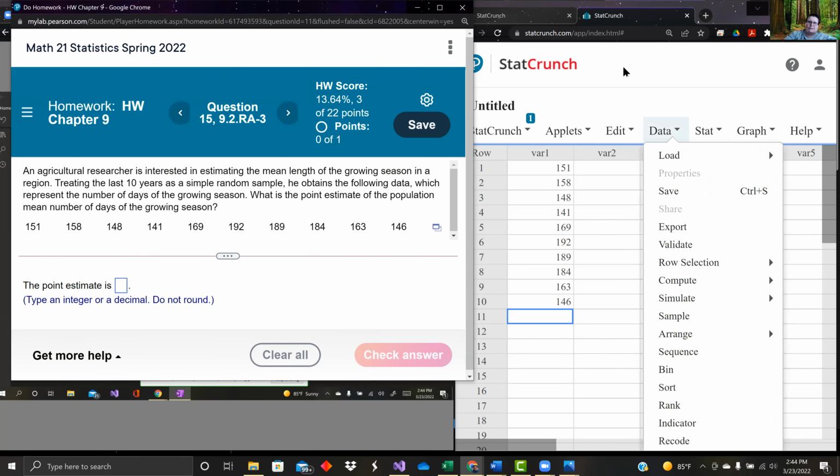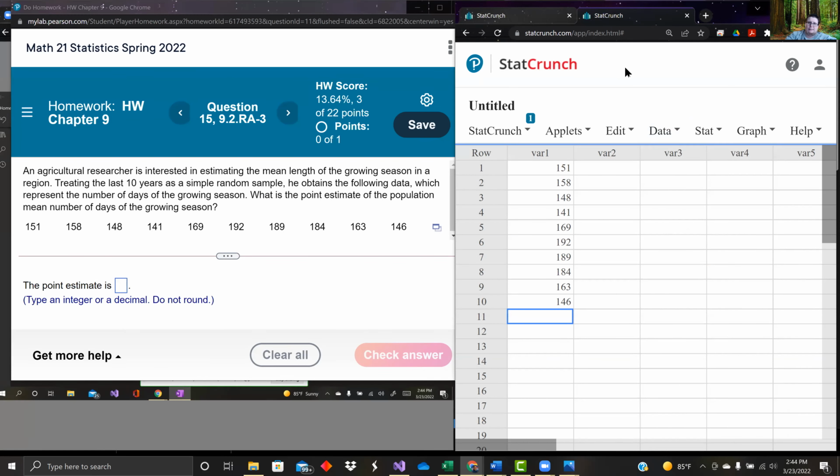How do we calculate the mean? You guys have done this. You guys remember how? How do I do it in StatCrunch? Anybody?